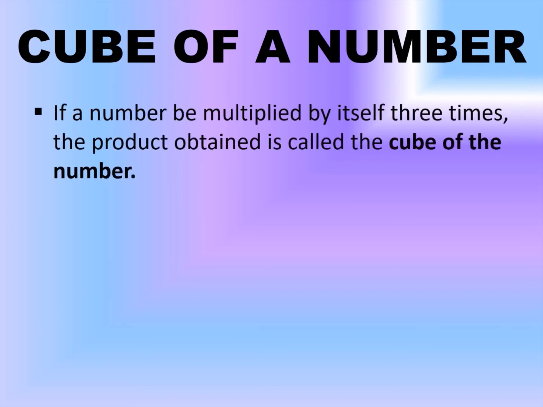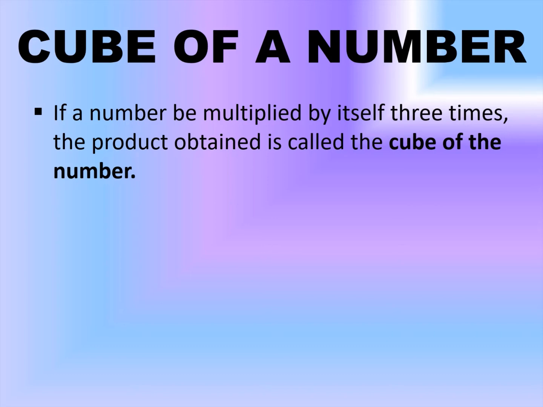Now, we have come to another topic, which is cube of a number. If a number is multiplied by itself 3 times, the product obtained is called the cube of the number.